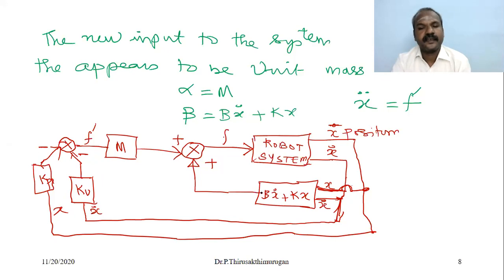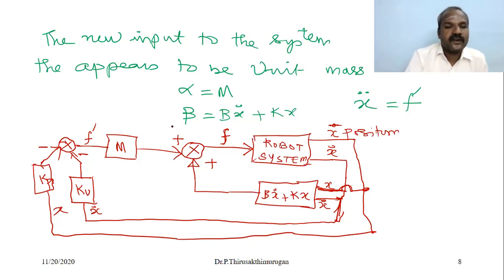Right. So f equal to, from this side, f dash. What is f dash? F dash is kp times x plus kv times x dot. What is f? F dash m plus b x dash plus k x. See here, so what is f from this block? So f equal to, what is available here?